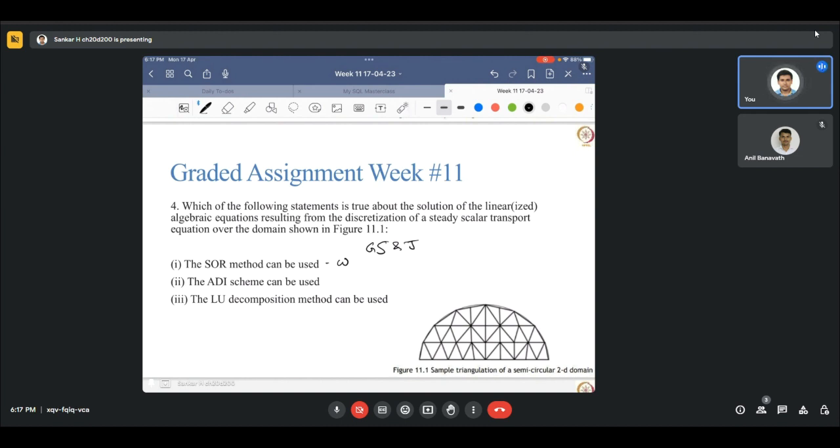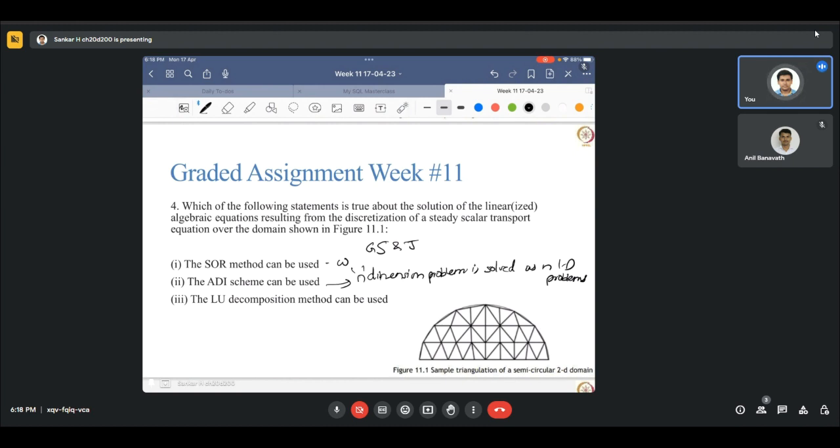The ADI scheme splits an n-dimensional problem so that it is solved as n 1D problems. So if you have a two-dimensional problem, it is solved as two one-dimensional problems. If you have a 3D problem, it's solved as three one-dimensional problems in each step.